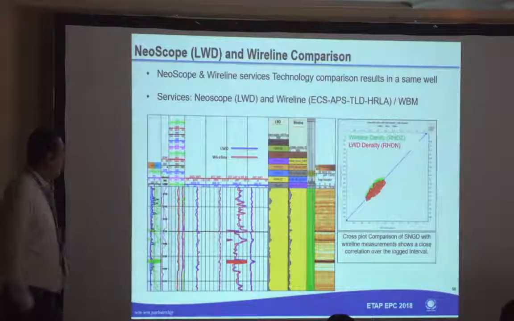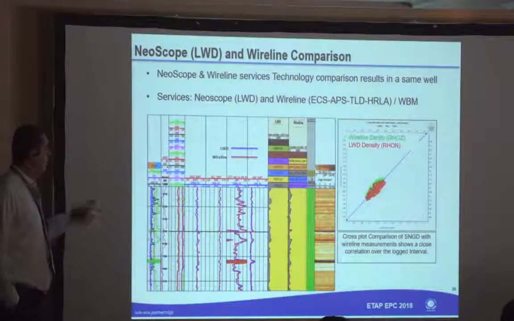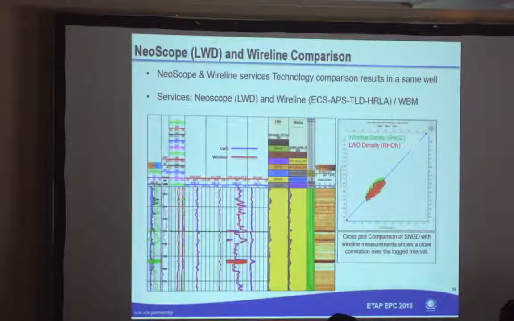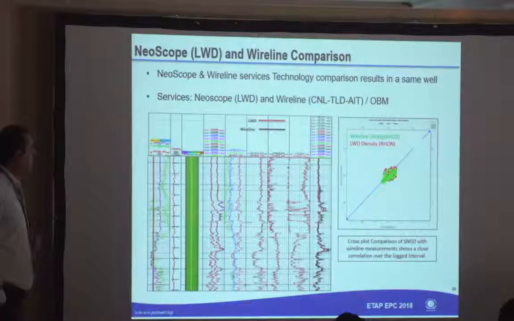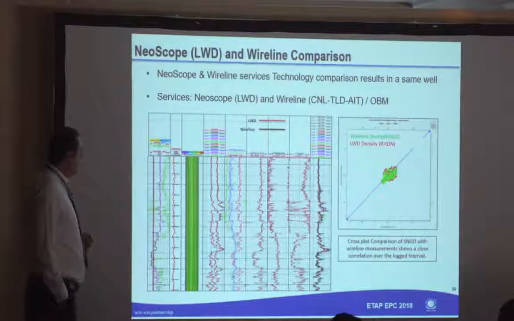In the graph there, you can see the projection of density from the tool and from wireline are very close. This is another example where we had the tool acquired in the same section, same well as the wireline tool. The previous example was in water-based mud, and this is in oil-based mud. We have the same comparison between the tool and wireline.